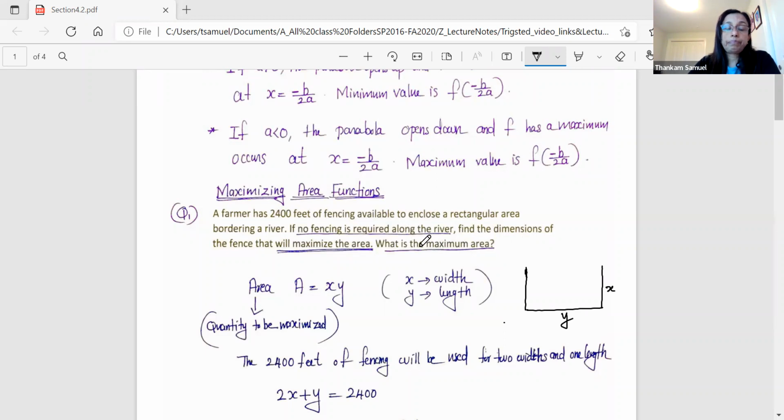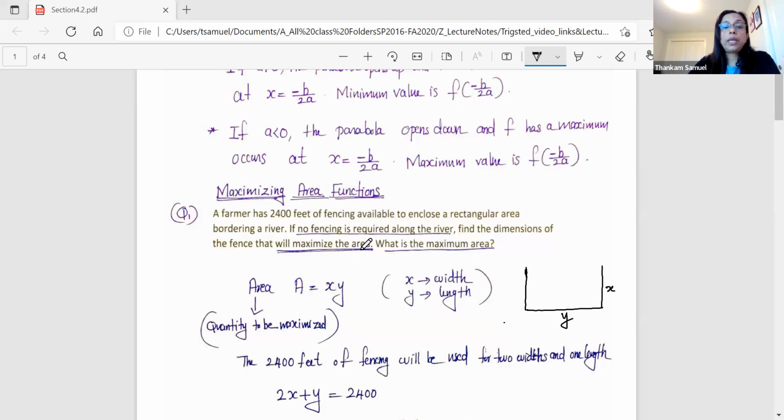Here we have given 2,400 feet of fencing available to enclose a rectangular area bordering a river. And we need to find the dimensions that maximize the area.